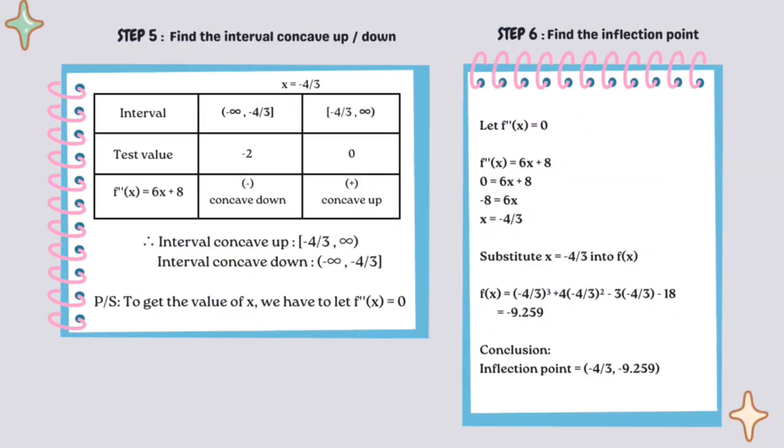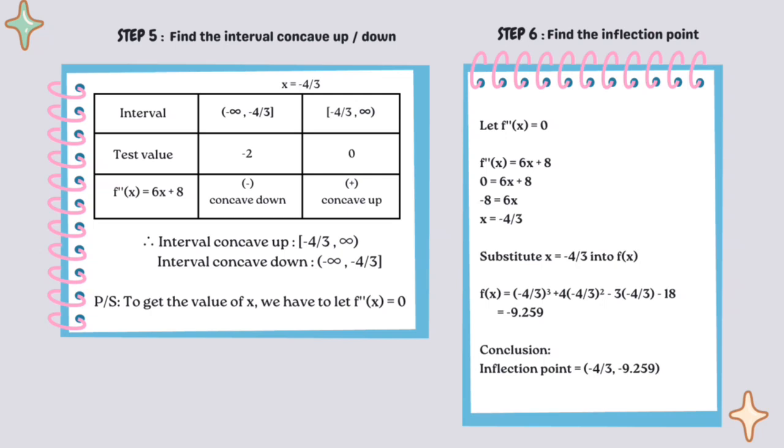So for step 5, we will find the intervals where the function is concave up or concave down. We will use the second derivative, which is 6x plus 8. Set 6x plus 8 equal to 0, and then we will get x equals -4/3.